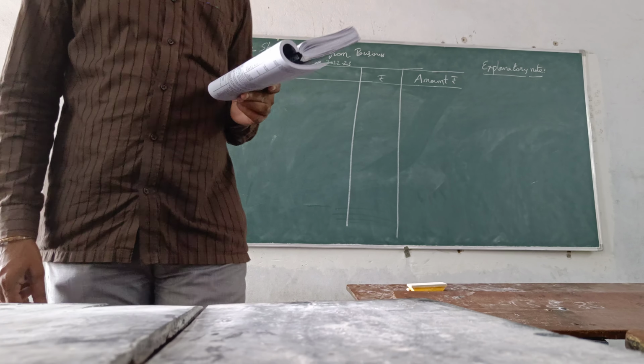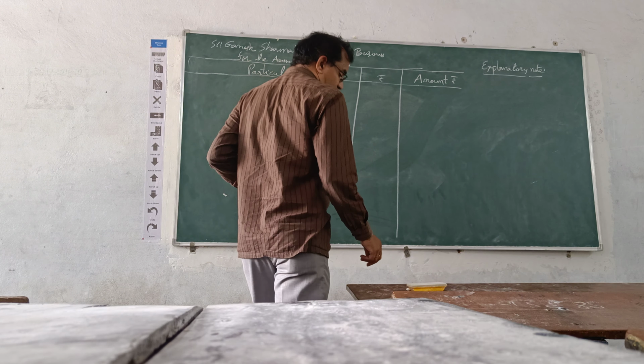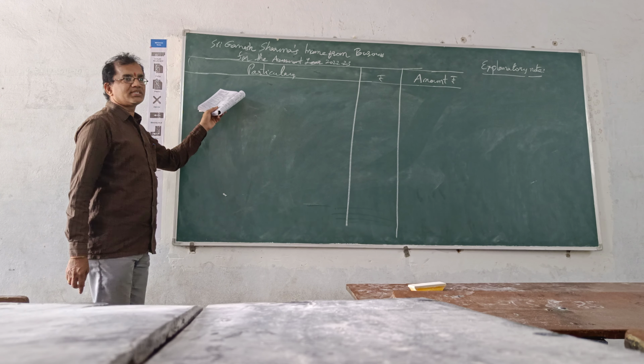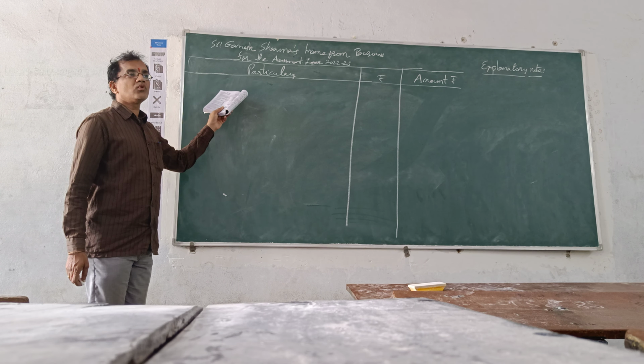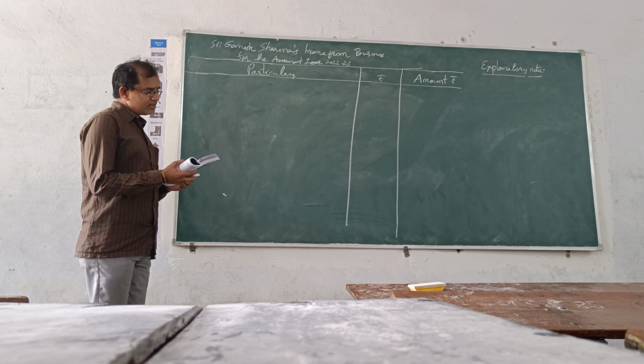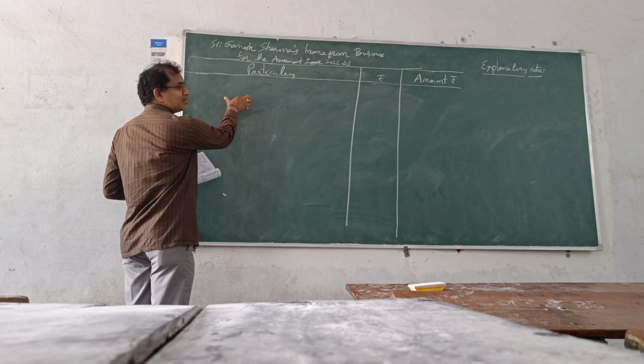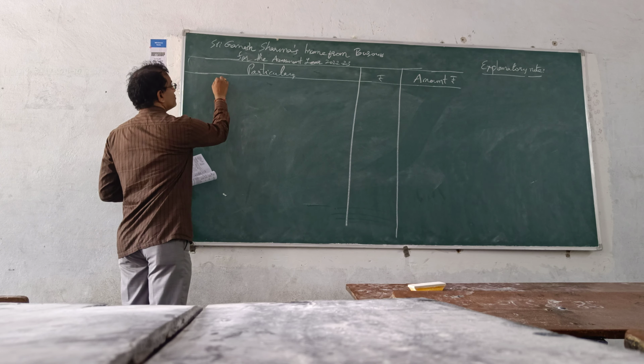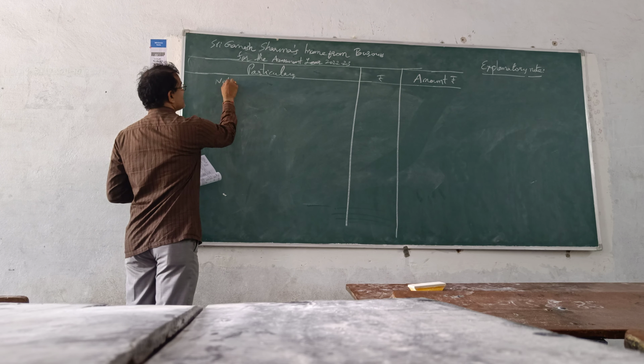So we are going to solve it. In yesterday's class I mentioned our solution will start with net profit. You have to add inadmissible expenses to net profit. So this problem will start with net profit.